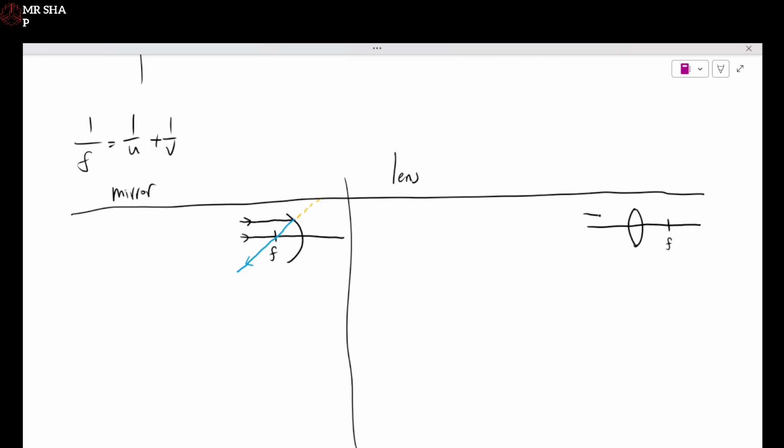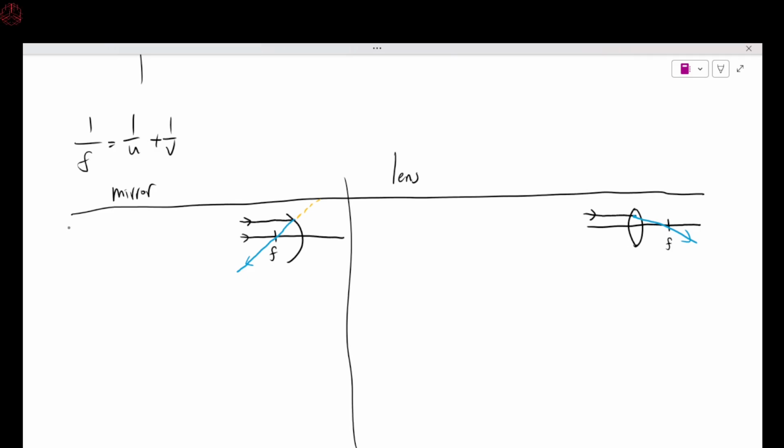If I were to send a parallel ray line here, parallel to the principal axis, the outgoing ray, once it touches the lens, is going to go through the lens and come out the other side. So our convention will be consistent with this.